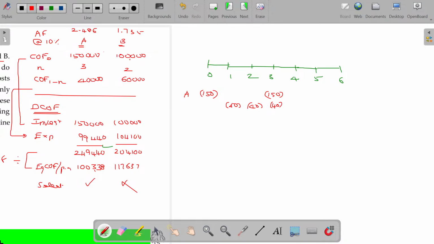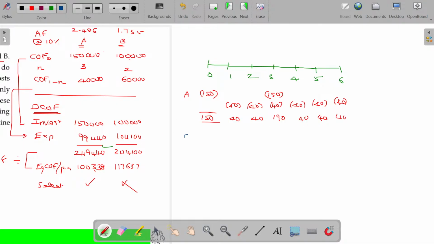I need 6 years of operation, so I go for purchasing one more A by investing 150. For that, every year I am spending 40 rupees for the remaining years. The ultimate cash outflow is 150, 40, 40, 190, 40, 40, 40.